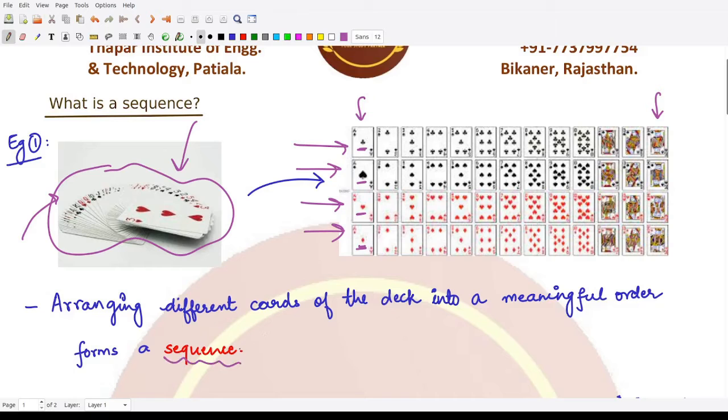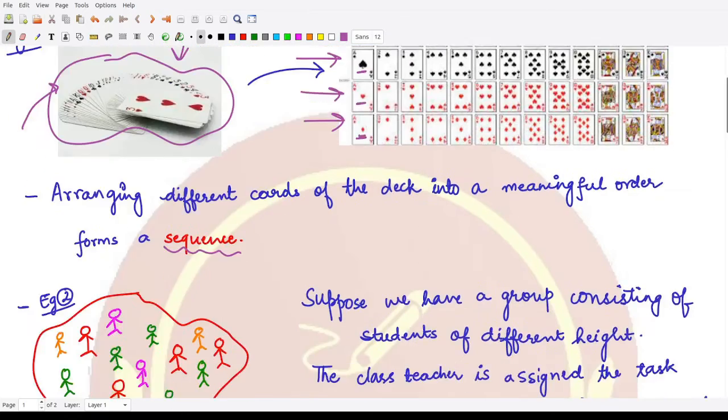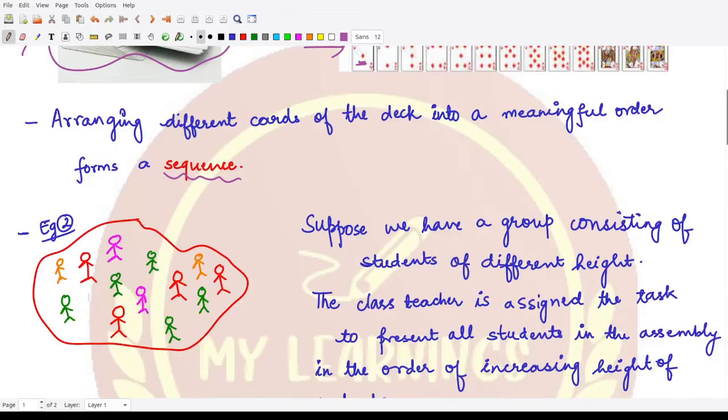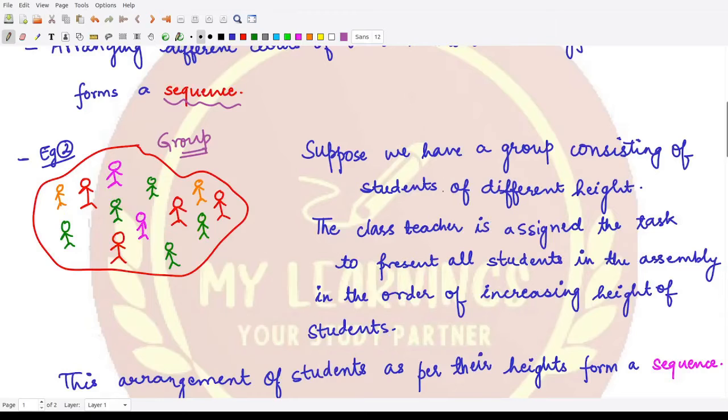Let's look at our second example. Suppose we are given a group of students with different heights. The class teacher is assigned the task of presenting all the students in the school assembly in order of increasing height.